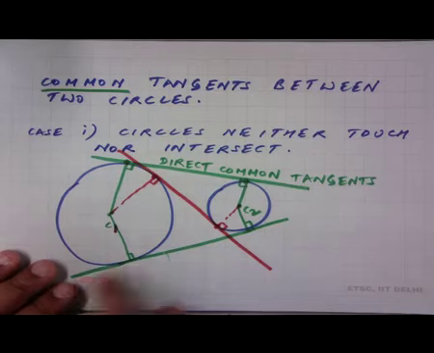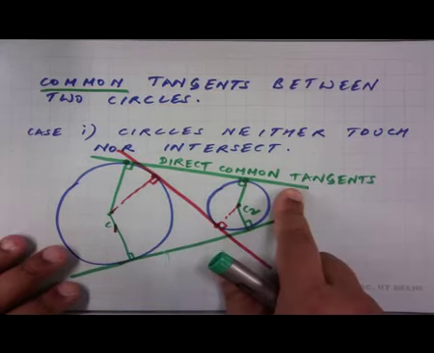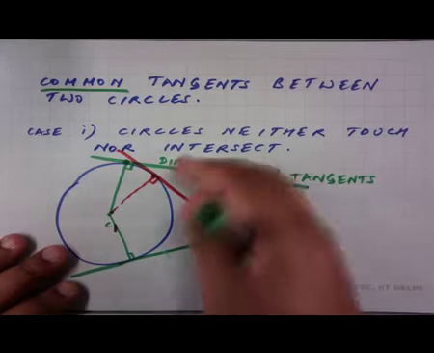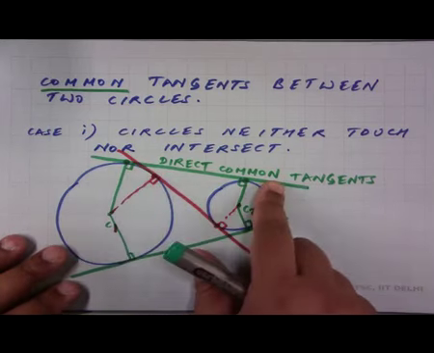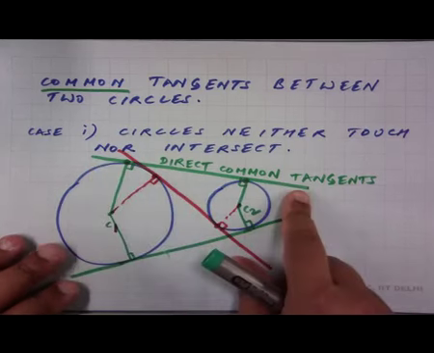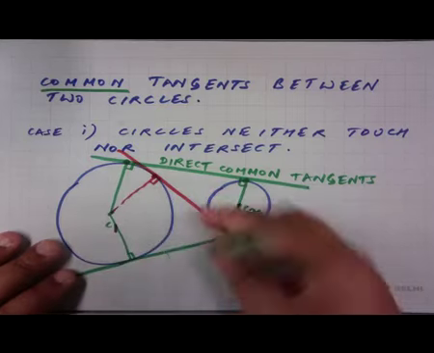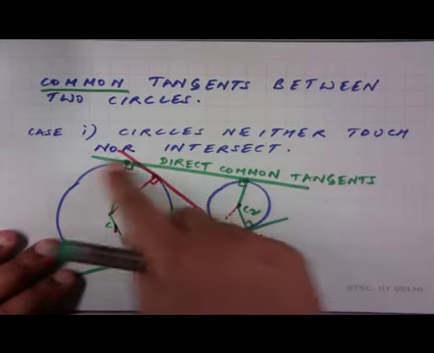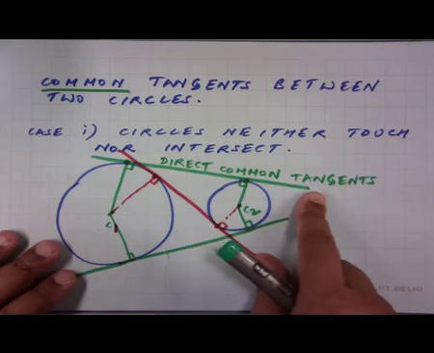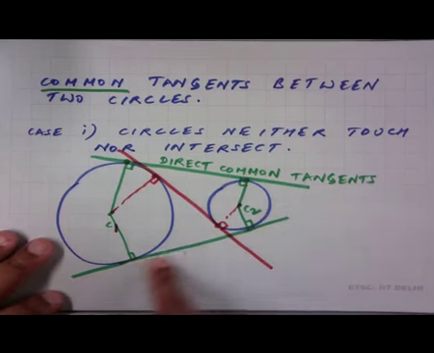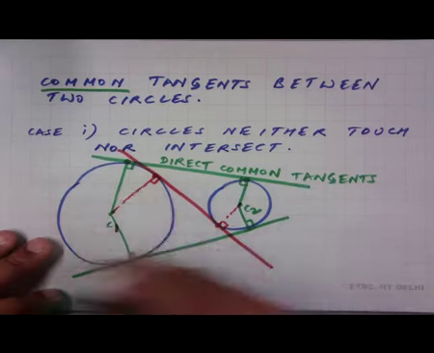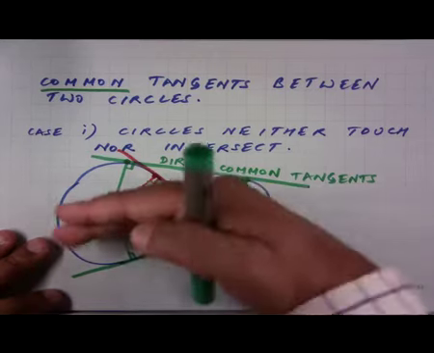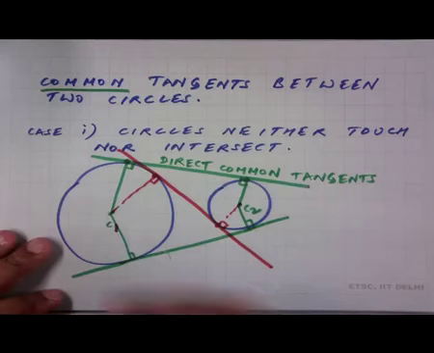Such a tangent for which both the circles are on one side of it is called a direct common tangent. So, this green one is one of the direct common tangents, because both the circles are below this straight line. Similarly, this other green tangent is also a direct common tangent, because both the circles are above, or on one side of, this straight line.